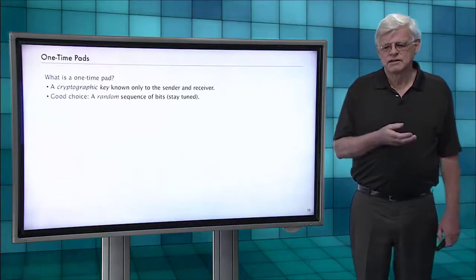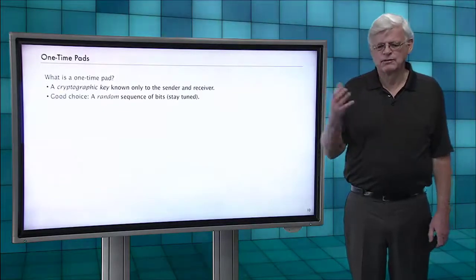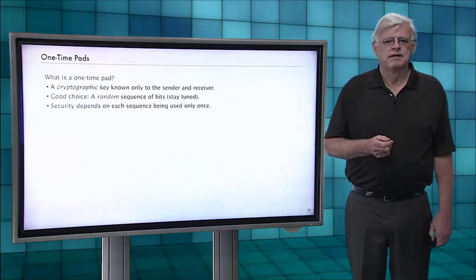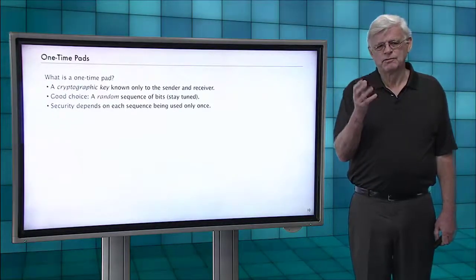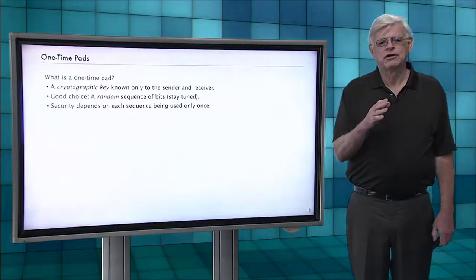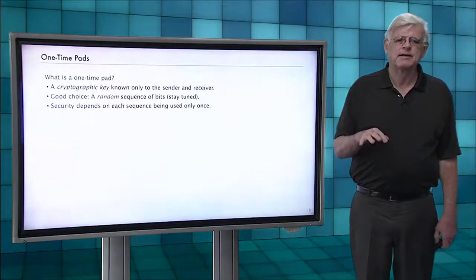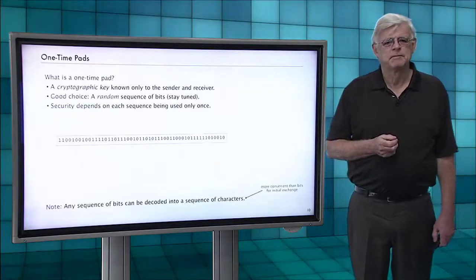But let's say that we can have access to a sequence of bits where each bit is equally likely to be 0 and 1. So security depends on, first, the sequence of bits actually being random, and second, each sequence is going to get used just once. If you use the sequence multiple times, then it's not so secure. And I'll talk about why in a minute.